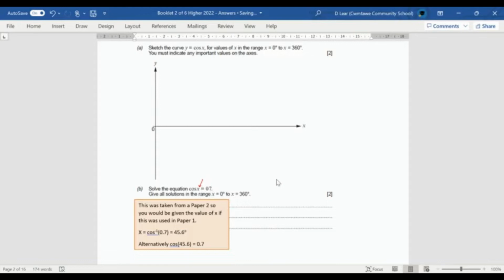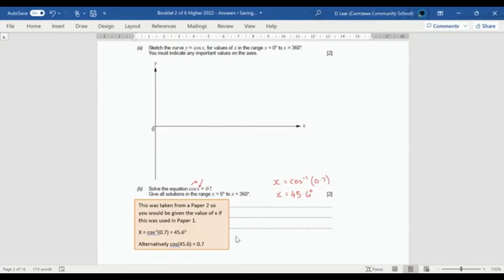So say you had that, you need to work out what x is, the angle x was, and to do it, you'd have to take the cos over as cos -1, 0.7. And I think it comes out around 46 degrees, although I think I've got it down here, 45.6 degrees. Okay, however, without a calculator, that's not doable.